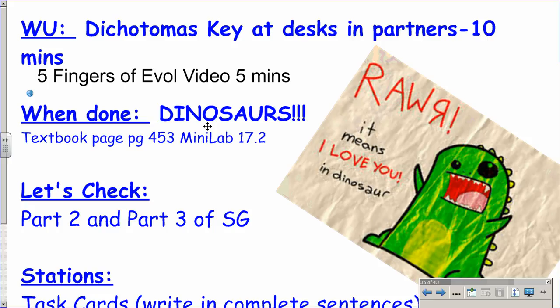Look on the front side. What number are you playing? 9. Go find the row 9. If you need to check with your buddy, go check with your buddy.